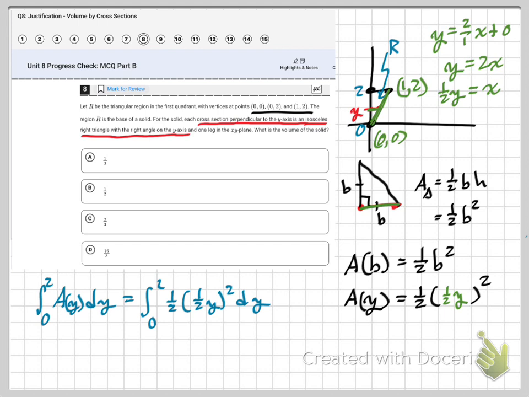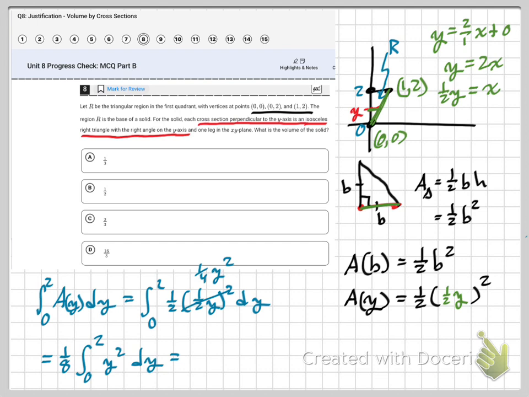Looks like that integrand can use some simplification. So I'm going to go 1/2 times 1/2 and y times y. That's going to give me 1/4 y squared. And 1/4 times 1/2 will be 1/8. So I put that scalar on the outside. Then you have your y squared on the inside.